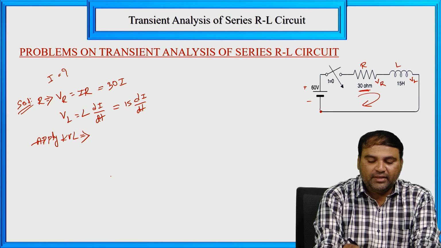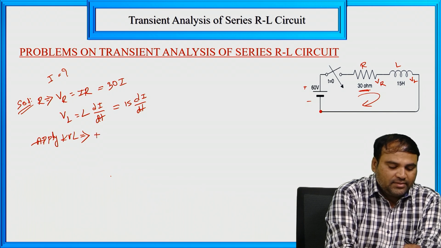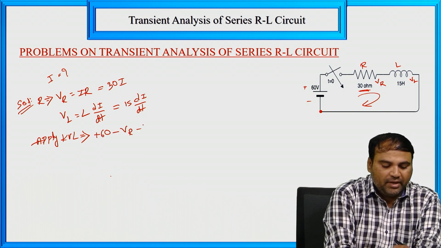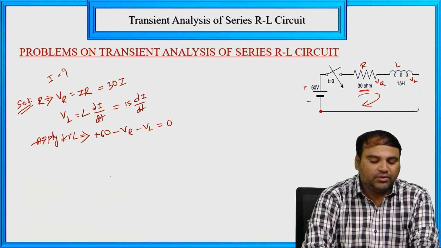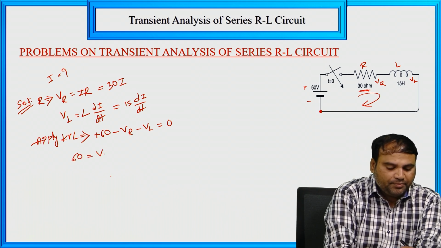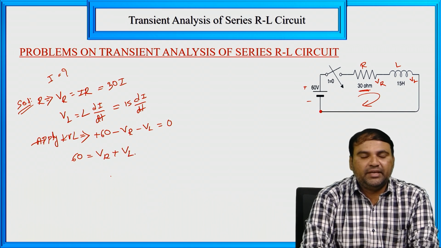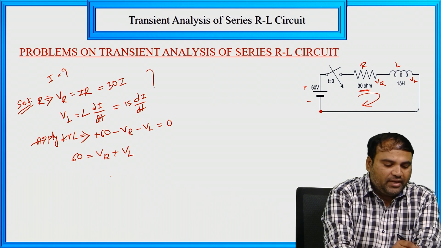So plus 60 minus VR minus VL equal to 0. Or we can also write 60 equal to VR plus VL.